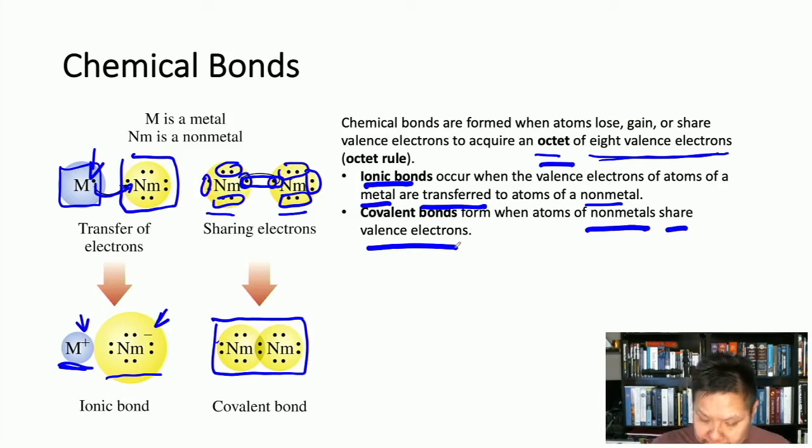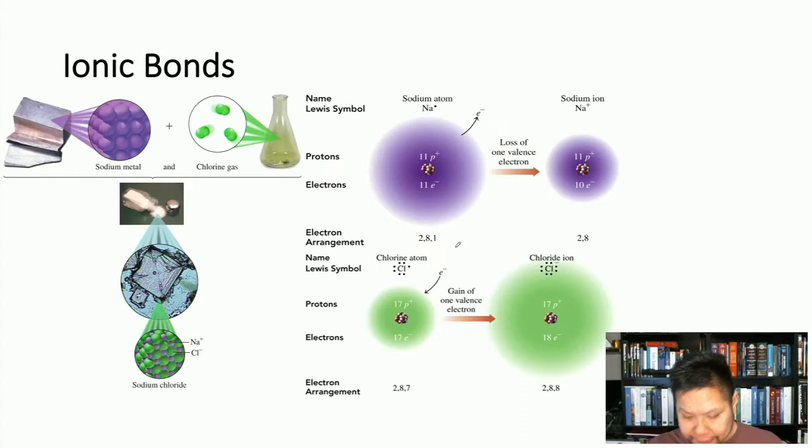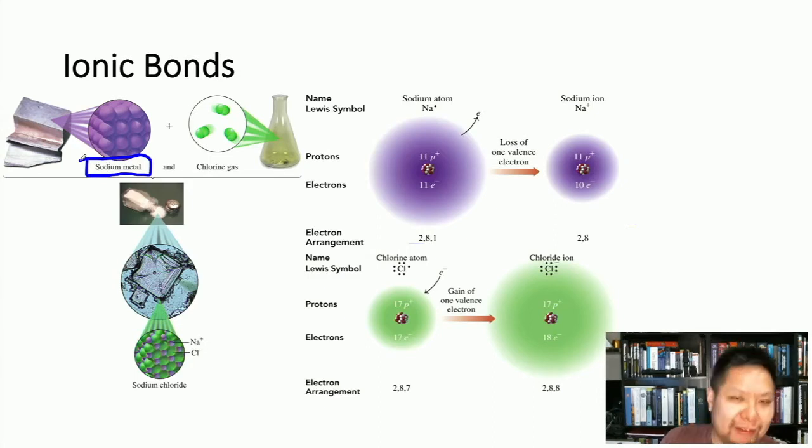So let's take a deeper dive into ionic bonds, using sodium as an example. Here we have sodium metal. If you recall what I said before, sodium is an alkali metal, and it has an ionization energy that makes it very reactive with water vapor.